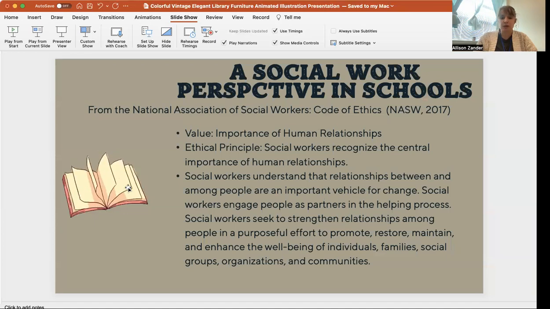Social workers engage people as partners in the helping process. That's the part I'm focusing on, the helping process. Social workers seek to strengthen relationships among people in a purposeful effort to promote, restore, maintain, and enhance the well-being of individuals, families, social groups, organizations, and communities.